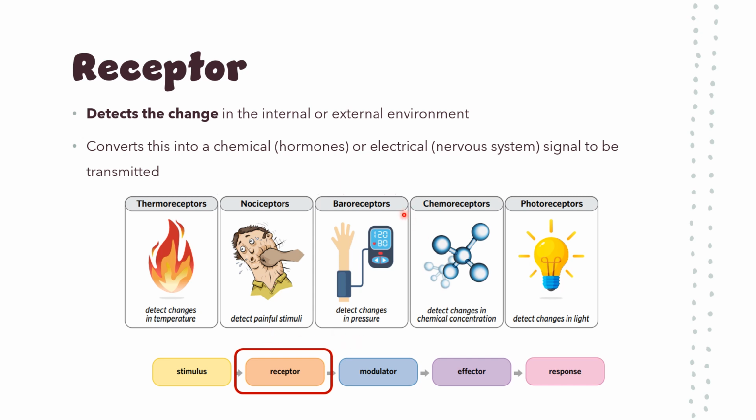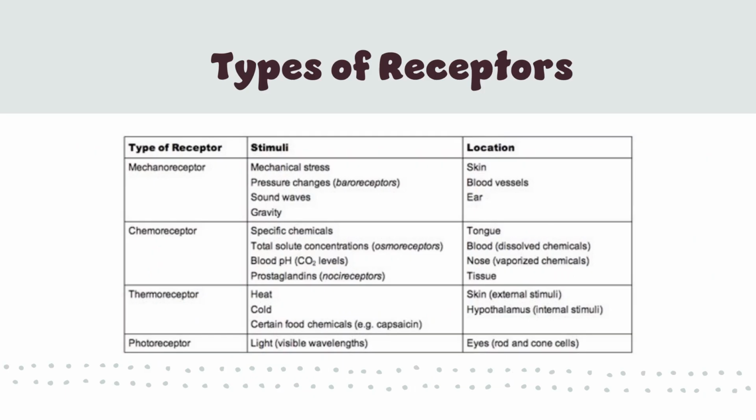You have baroreceptors, which detect change in pressure, so things like your blood pressure. Chemoreceptors detect change in chemical concentrations, and photoreceptors detect change in light. There are other different types of receptors which you can look at over here, and the certain stimuli that they would detect, as well as where they are found.